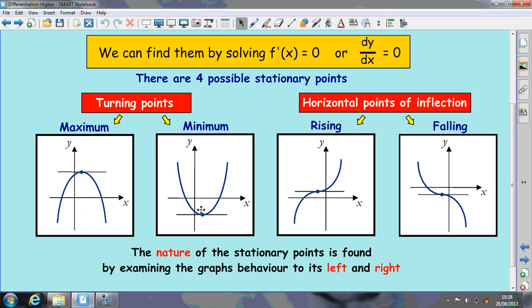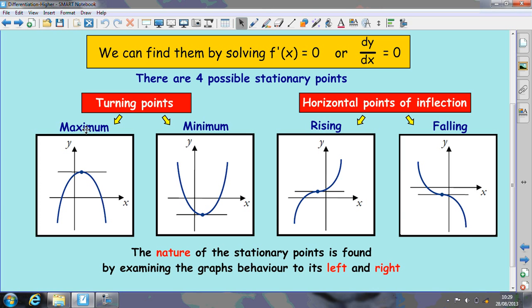A minimum stationary point's here, so these are called turning points, you've seen them before. There's a rising point of inflection, so we have an increasing function to the stationary point and then increasing again. This is a stationary point here. Or we have a falling point of inflection. This is the stationary point, so the function is decreasing to the stationary point and then decreasing again.